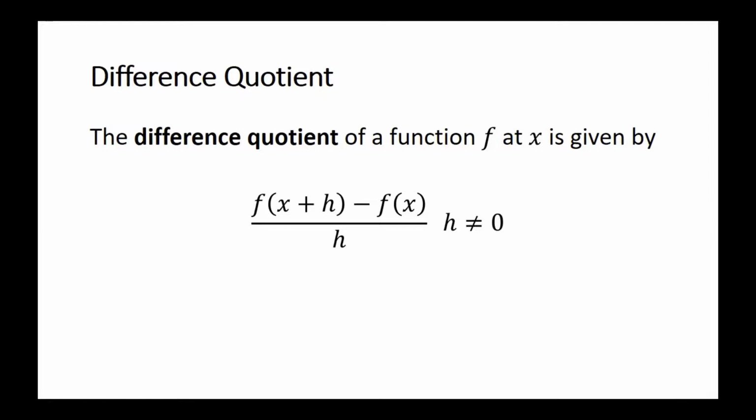And the difference quotient is basically finding the difference of the outputs over the difference of the inputs. In this case, we've said the difference of the inputs is h. We moved x by h.